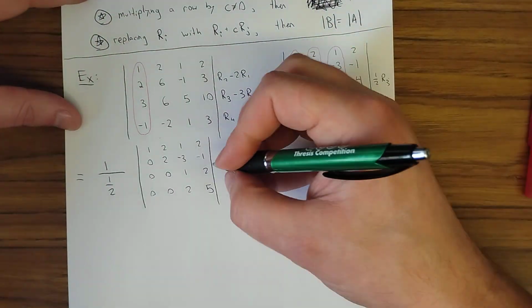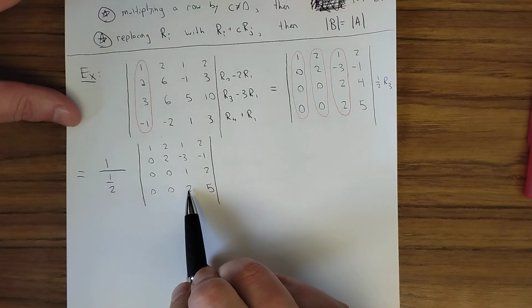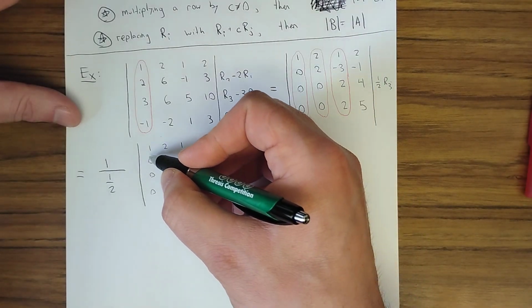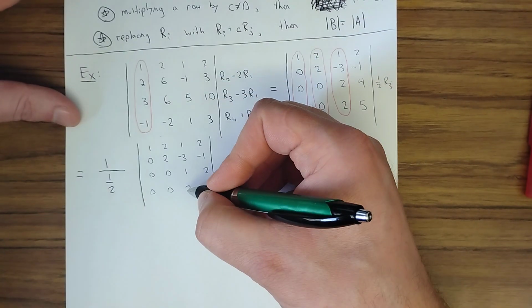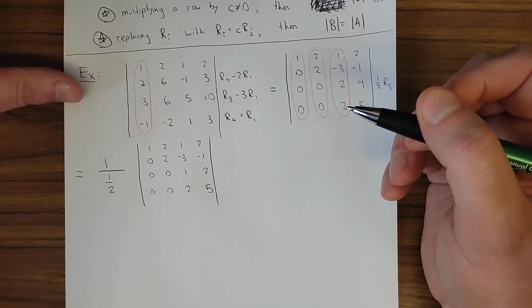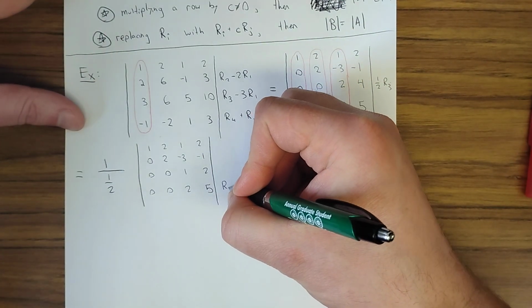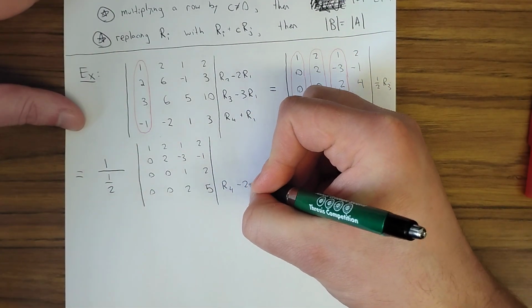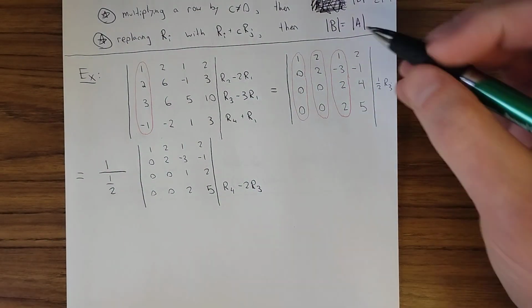Anyway, I still want this to be a 0. I want zeros all the way underneath the main diagonal, and this is the only non-zero entry left underneath the diagonal. So let me finally kill this. Row 4 minus 2 row 3.